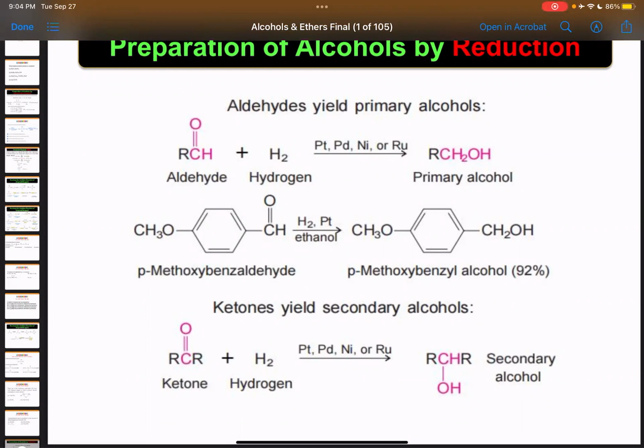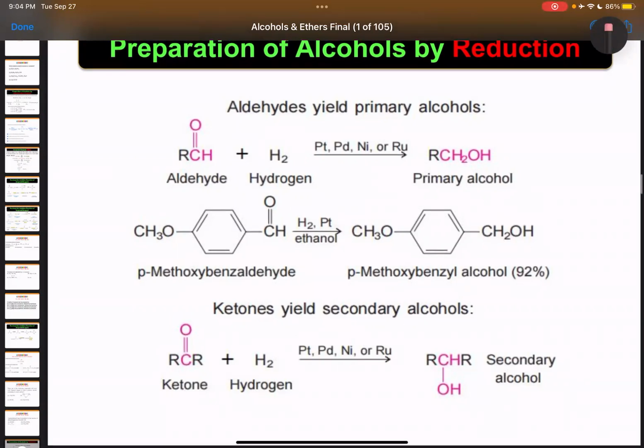In catalytic hydrogenation, you take some catalyst and H2 and you add H, H. Both H will come and get added over the doubly bonded oxygen and you will have CH2OH. That is a primary alcohol. So aldehydes will give you primary alcohol.